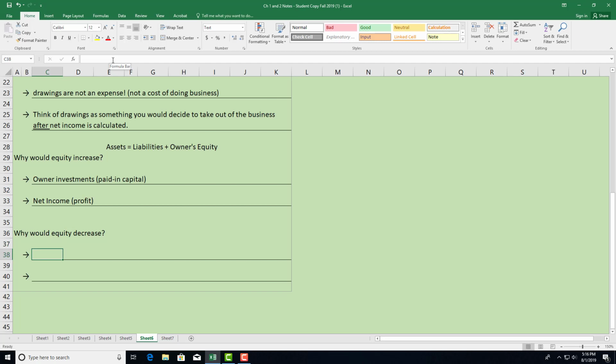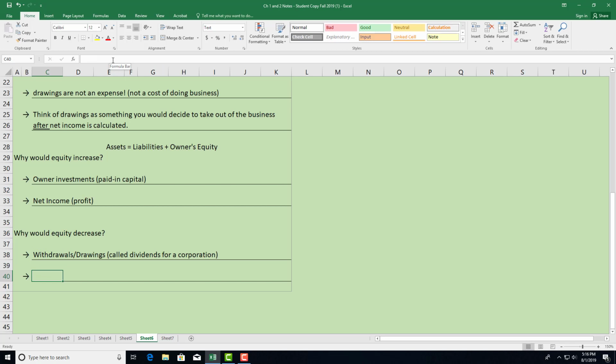And then the opposite, why would equity decrease? One reason would be withdrawals or drawings. So if a business owner pulls money out of a business, that would be a decrease to equity. It's the opposite of an investment. It's the pulling out. I also want you to go ahead and write this down too. Drawings are called dividends for a corporation.